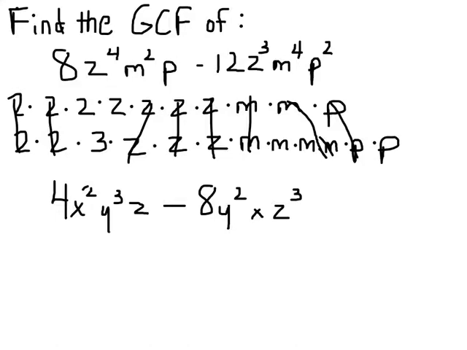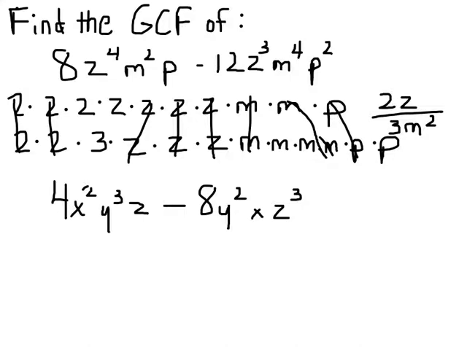Up top we have 2, and we have a z left over, and then everything else has been matched. On the bottom we have a 3 left over, and we have 2 m's, so 3m squared.